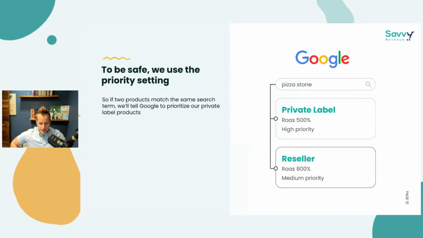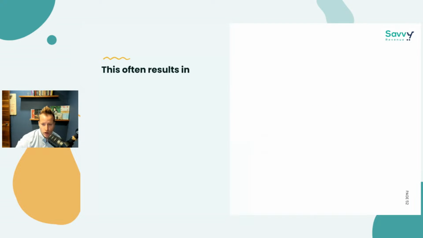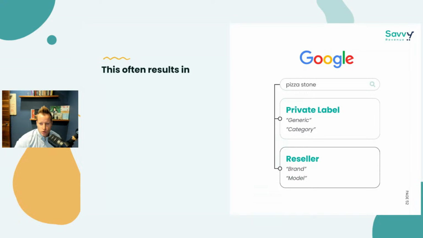So in this example, let's say we're selling pizza making equipment. So somebody searching for pizza stone, what we'll typically want is a high priority campaign for private label with a low ROAS, and then a reseller campaign with a higher ROAS on a medium priority. That's telling Google that if somebody's searching for a more generic term, then it falls into private label campaigns.